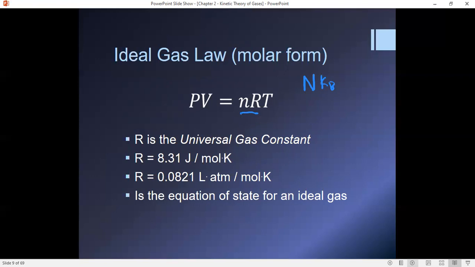Again, it's just another convenient way of writing this if we want to avoid using this absurdly large number for the number of molecules and this very small constant right here. It sort of brings things a little bit more realistic, or at least the numbers closer together to one another.